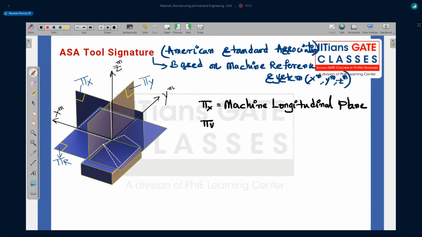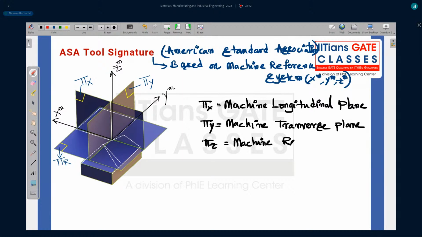Pi y is machine transverse plane. Pi z is machine reference plane. Good.